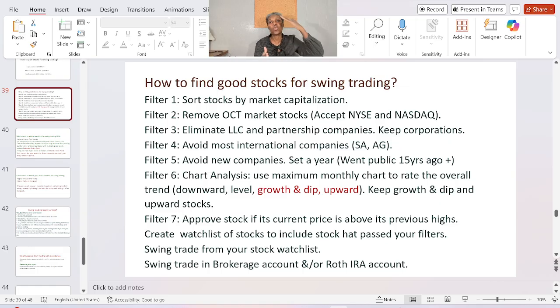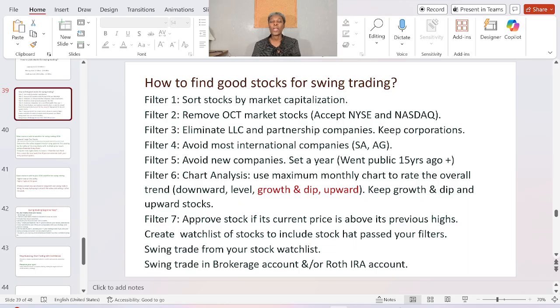You want to see good growth at the top and good growth at the bottom, showing that the chart is moving upward. And then those are the ones you keep in your list. So they could be growth and dip, and they could be upward. You'll have both, so that you can have a mix of both to work with.